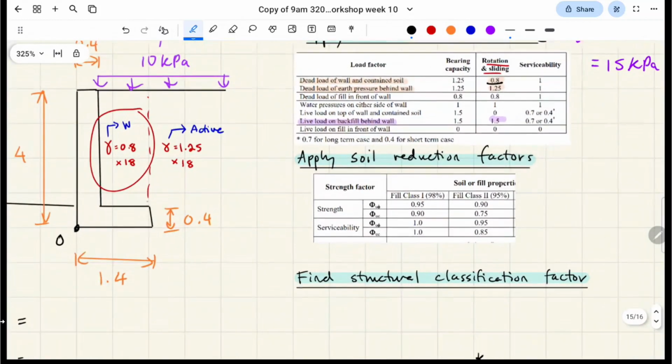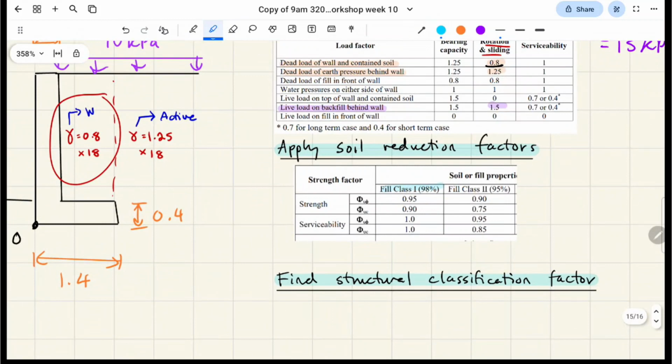So, next is soil reduction factors. In the question, we're given that it's fill class 1. I haven't included the entire table here, it keeps going, but just for the sake of space I've only included this corner of it.